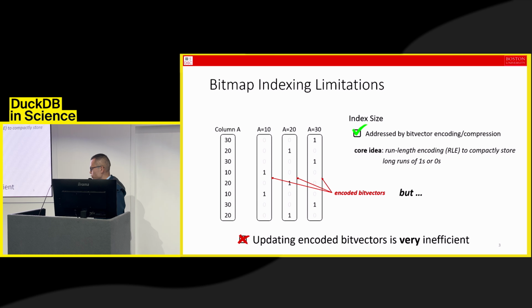Even if you want to flip a single bit, you typically must decompress the bit vector first, then flip the bit, and then recompress it. This is what we call the decode, flip, and then encode procedure, which is very expensive in practice. So bitmap indexes were traditionally only used for read-only use cases.